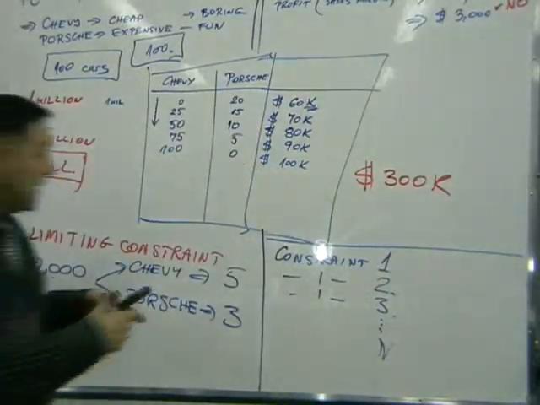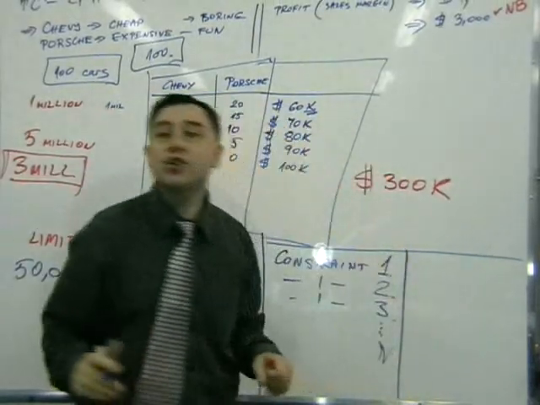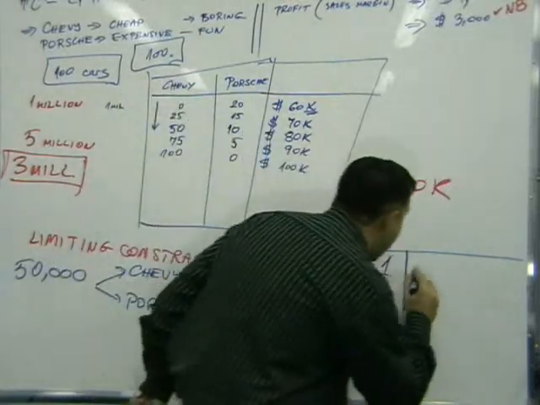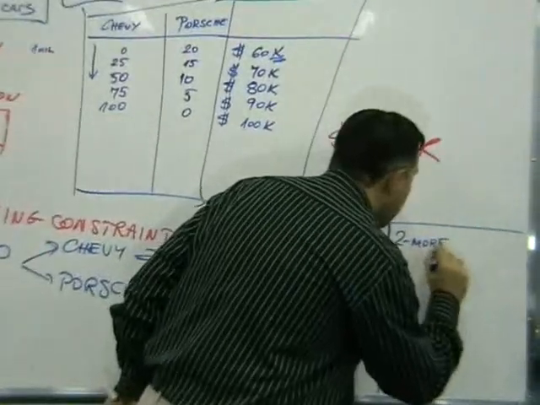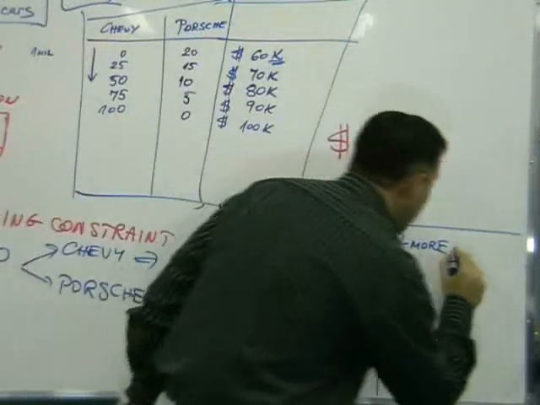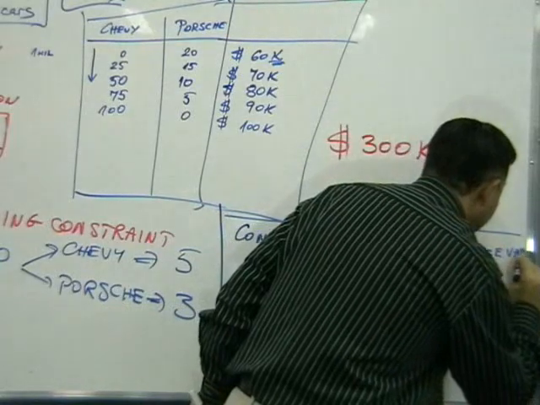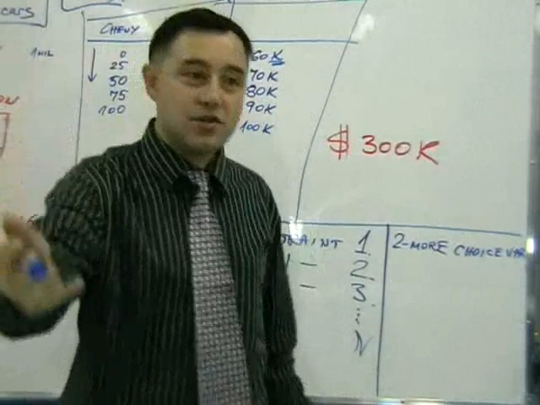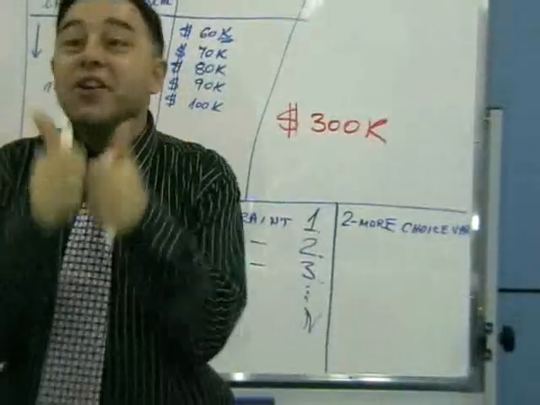That's number 1. Number 2 is that usually in constraint optimization you have 2 or more choice variables. In other words, if we consider you, students, as a choice variable, you're the only one choice variable.